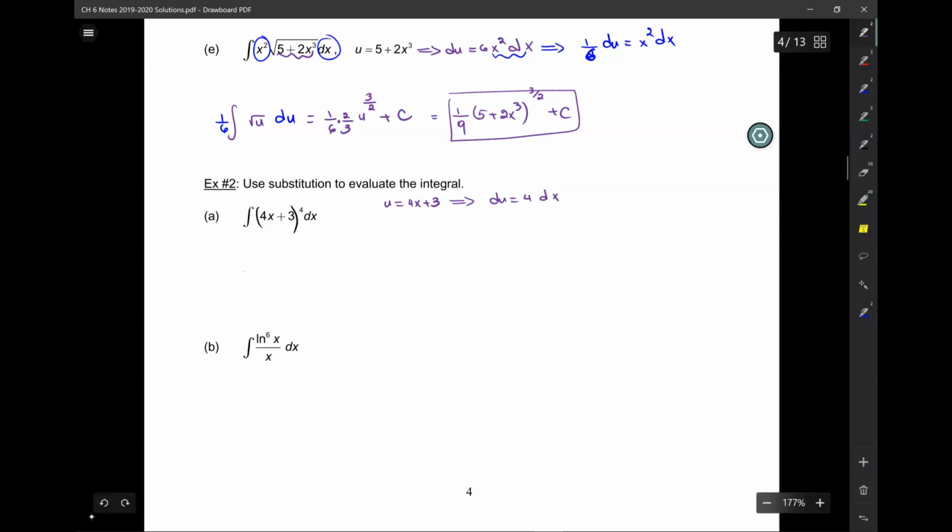So, here, I have u to the 4. I've got dx left. And when I go back here, dx is 1 over 4 du. So it's 1 over 4 du.